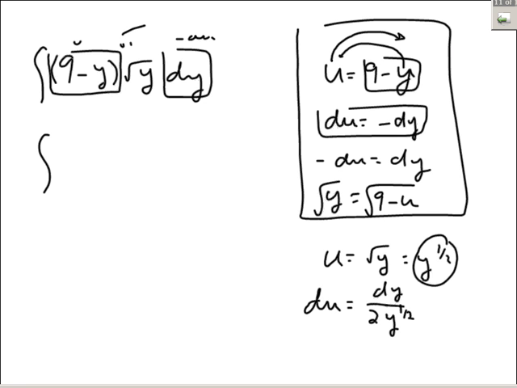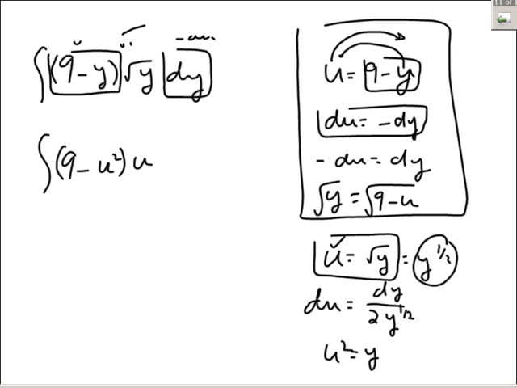9 minus y, well, if I square both sides, I'll learn that u squared is y. So 9 minus y is 9 minus u squared, times the square root of y. The square root of y is u, times dy.